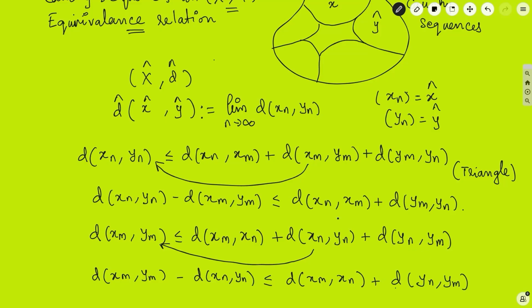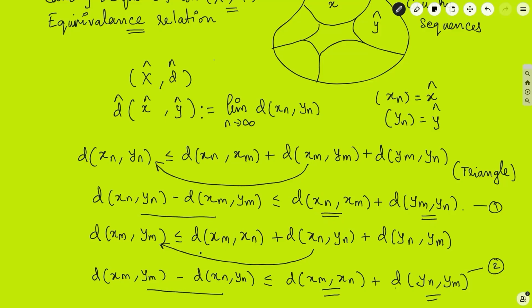Let's compare these two. You will see that the right hand side is the same thing. Distance is symmetric, so d(x_n, x_m) and d(x_m, x_n) are the same, and likewise for the y terms.